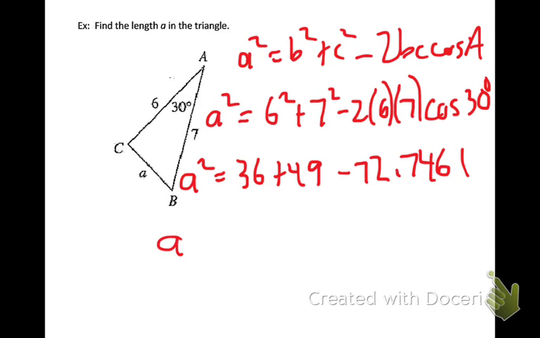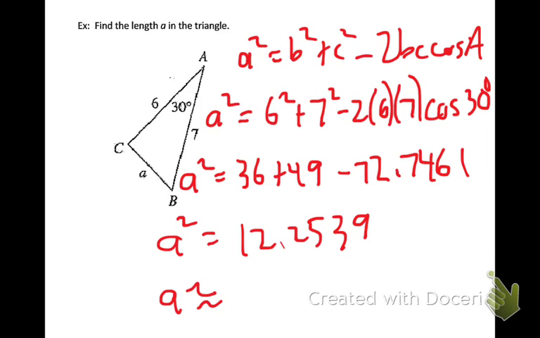So then we get a squared equals 12.2539, and then we take the square root. So a equals 3.5. The square root of a squared equals 3.5 is what I should have said.